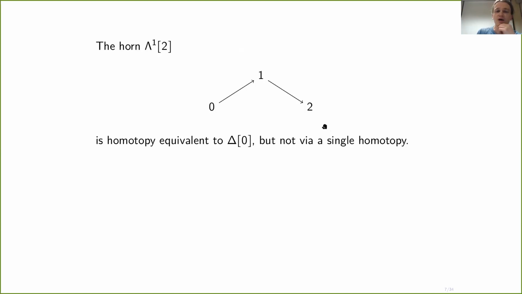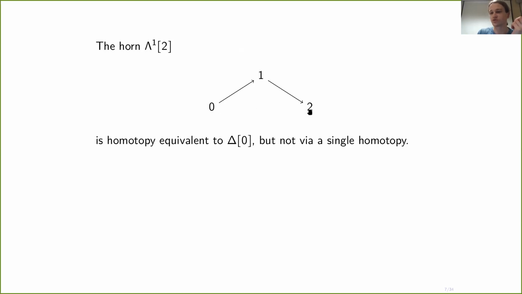So, I mean, if you unpack the definition, what the definition says is that we want to find a homotopy connecting the identity map on this simplicial set to some constant map on any of the vertices, 0, 1, or 2. Well, we see that this cannot be connected by a single homotopy to 0, because such a homotopy would in particular include a direct path to every other simplex, in particular 2.